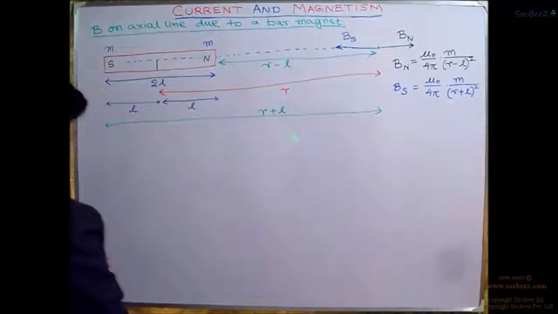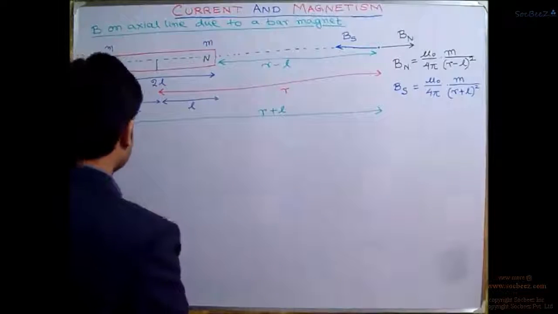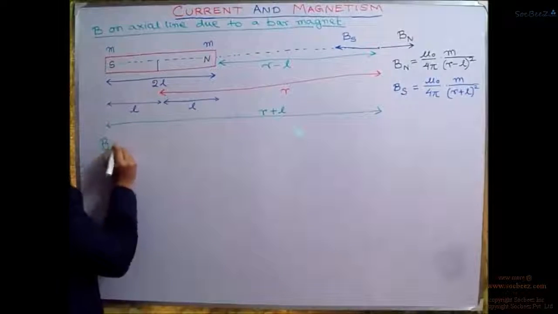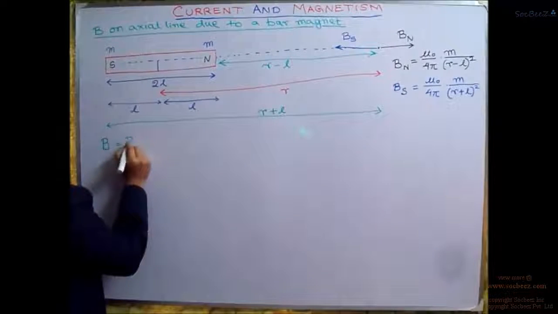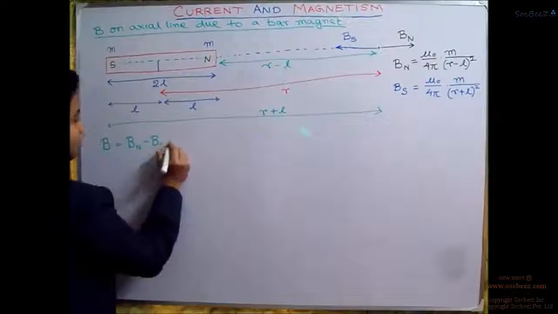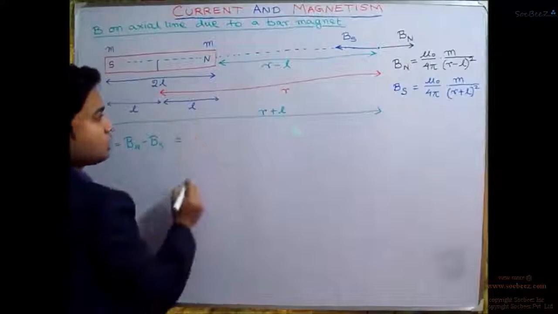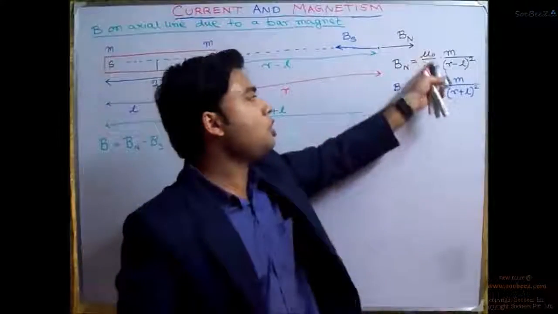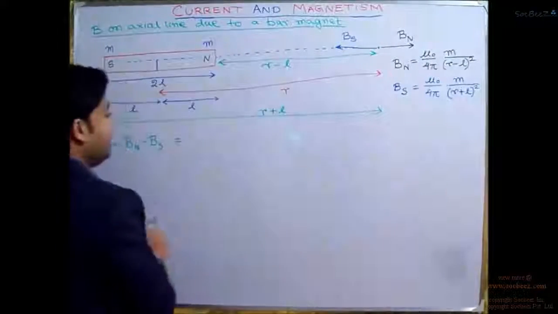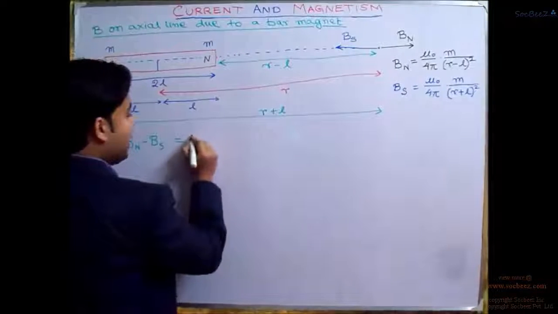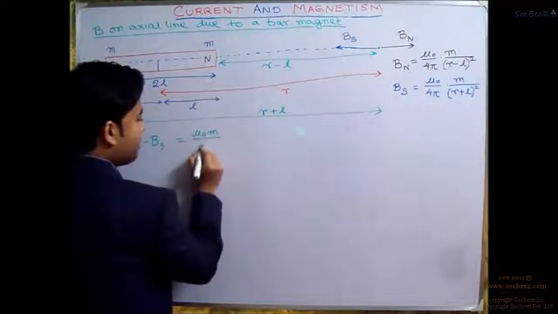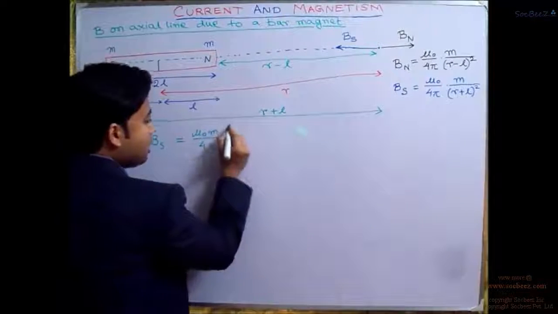So the resultant B will simply be equal to Bn minus Bs, which simply is equal to, if we take this mu naught divided by 4 pi multiplied by m as common, obviously we can write it as mu naught multiplied by m divided by 4 pi.